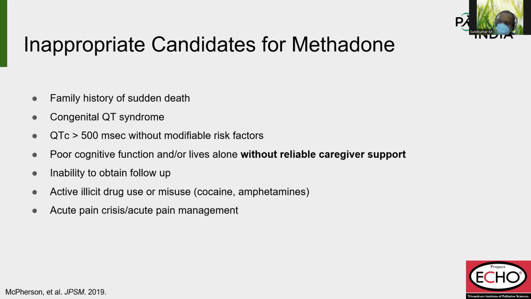If the patient is living alone, then methadone may not be a good choice. And if you are unable to follow up the patient. Also for acute pain, you know that it will take about 5 to 7 days to have good pain relief. So in acute pain, methadone is not advisable.